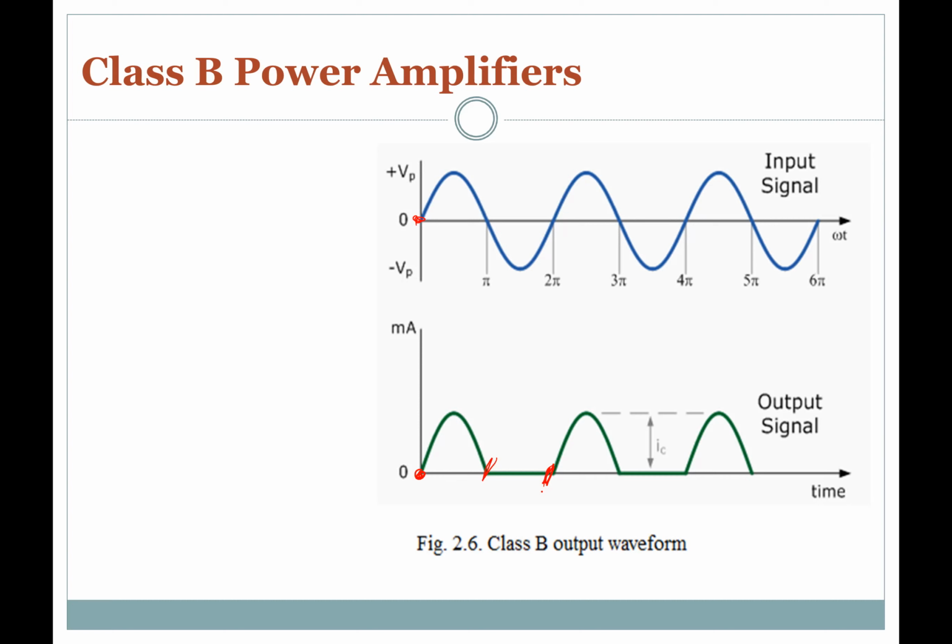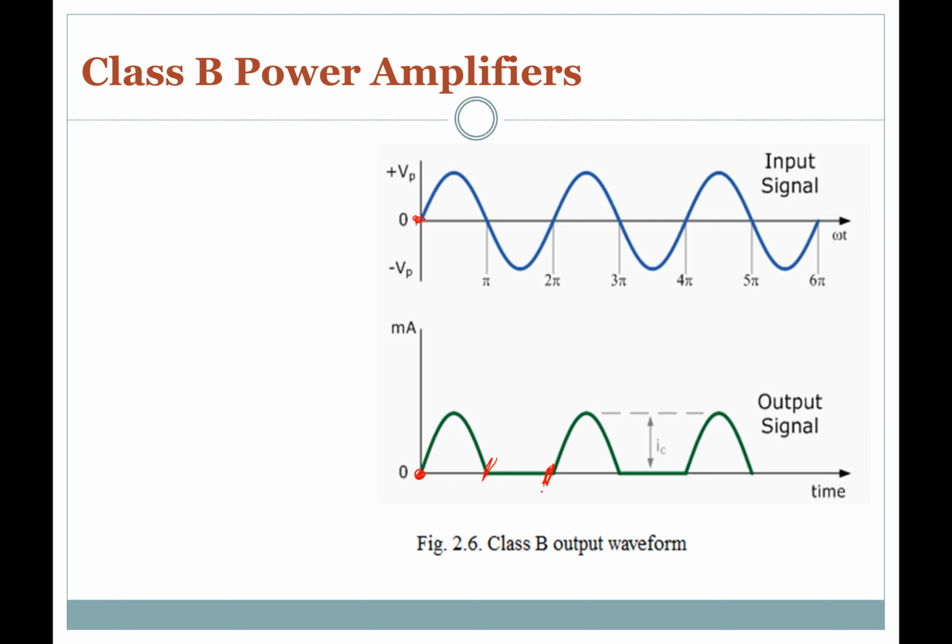Now, if you compare this to Class A amplifiers, you would realize that the average current is very low. The amplifier's average current is less. Power dissipation is also less. So overall efficiency is much better when it comes to Class B amplifiers compared to Class A amplifiers.